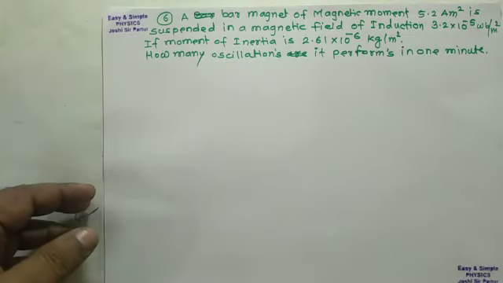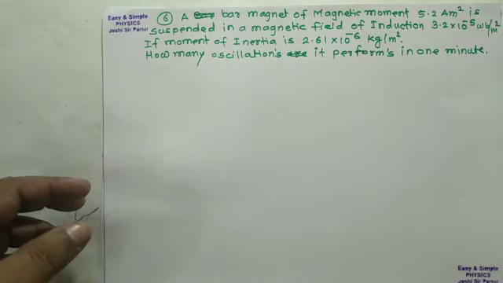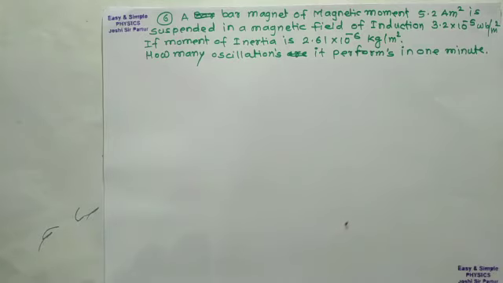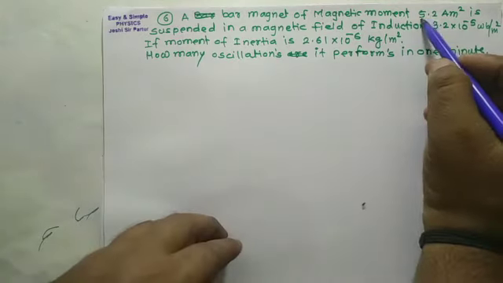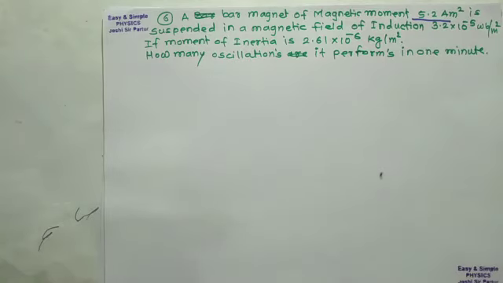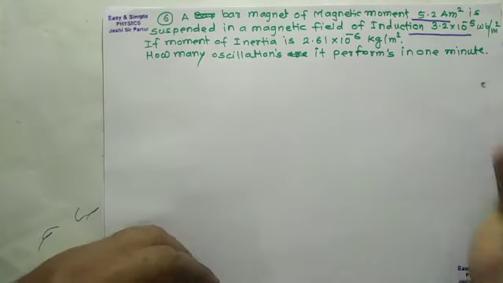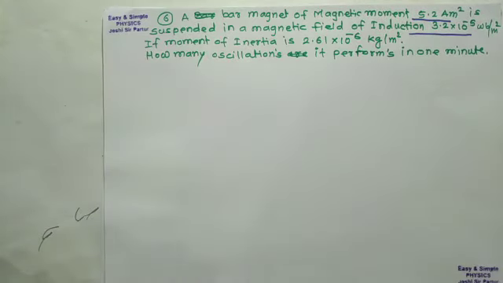Again, if we can solve another example, that example will be: a bar magnet of magnetic moment 5.2 ampere meter square is suspended in a magnetic field of induction 3.2 into 10 to the power minus 5 Weber per meter square.